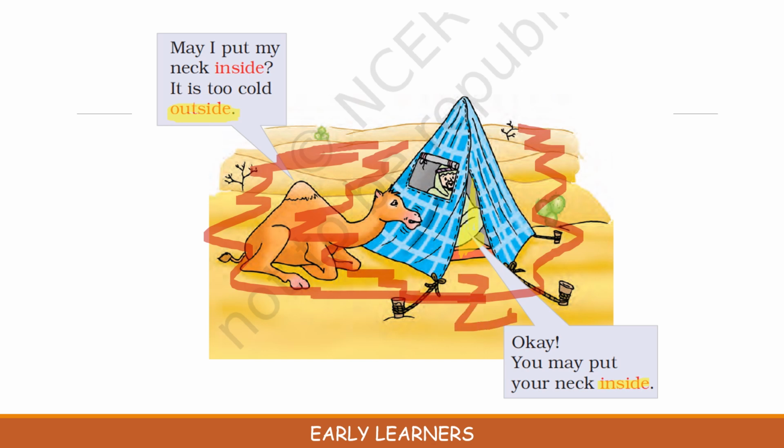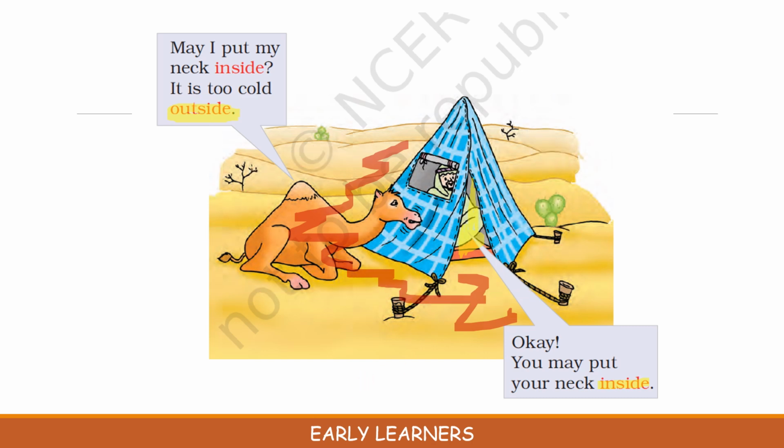We learned two new words. One is inside, which is inside the tent, which is here. And the other word is outside, which is this area, जो tent से बाहर है. So that is outside. Well, I have a very poor drawing, I see.